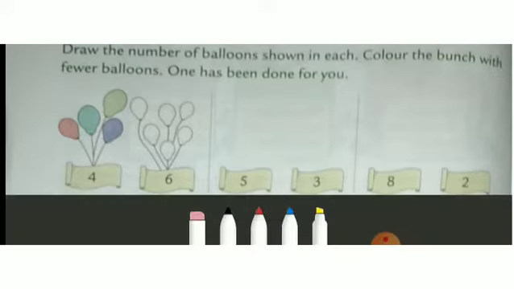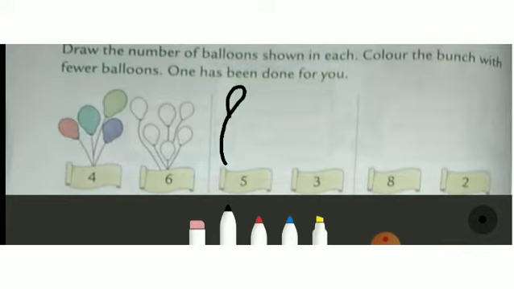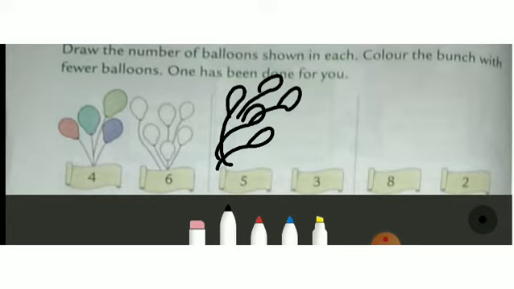So let us draw some balloons here. See the second example. In the second example, first we have to draw 5 balloons here. Five balloons, and for the second number we have to draw 3 balloons.